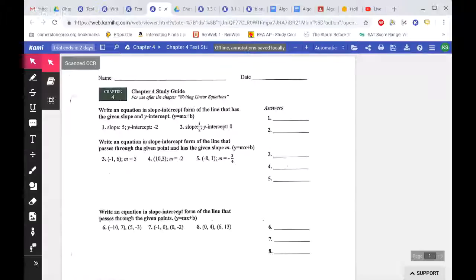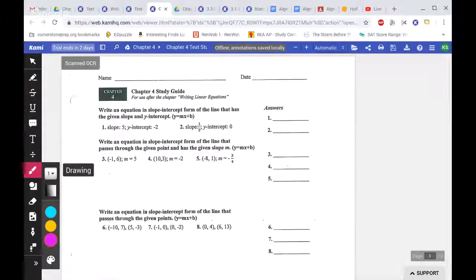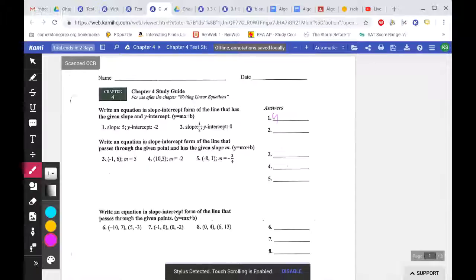Since y'all are going to help me through this study guide, who's my first person to volunteer? I will. Okay. Y equals 5x minus 2. Oops. If Miss Sparks could write better, it would help too. Okay, minus 2. Good job.